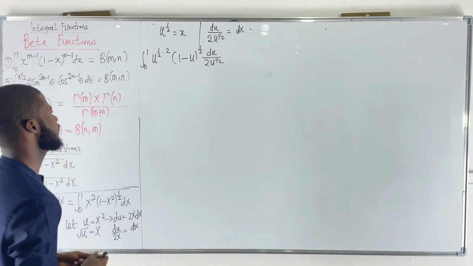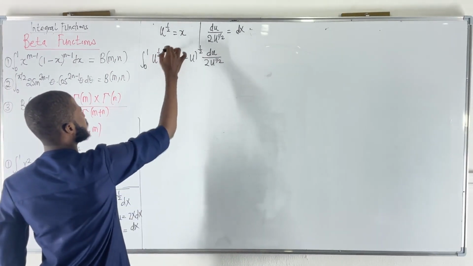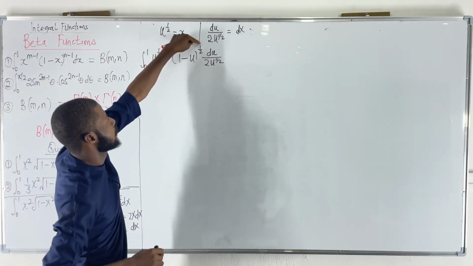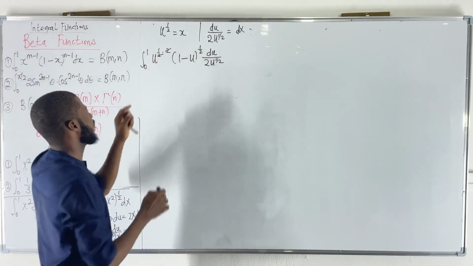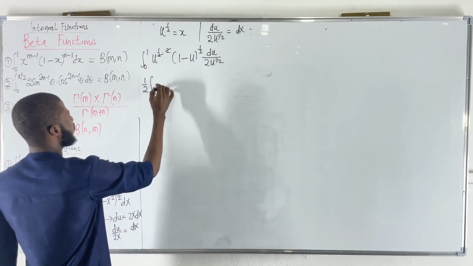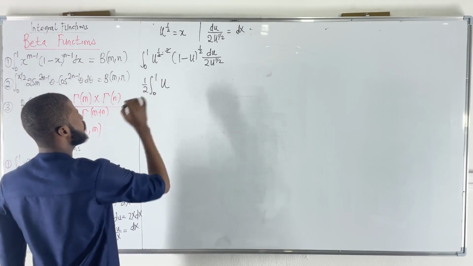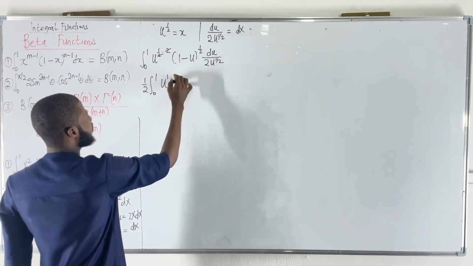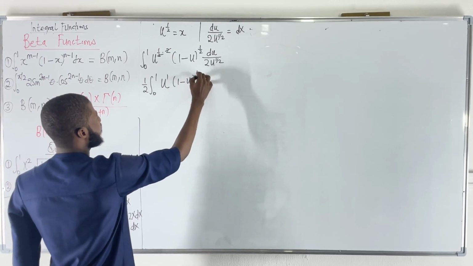Okay, let's see. So this will cancel out this. This is over 2, so this 1/2 can come outside. So this becomes 1/2 integral from 0 to 1 of u. We'll just be having u left, or you could just say u to the power of 1, and then 1 minus u to the power of half.